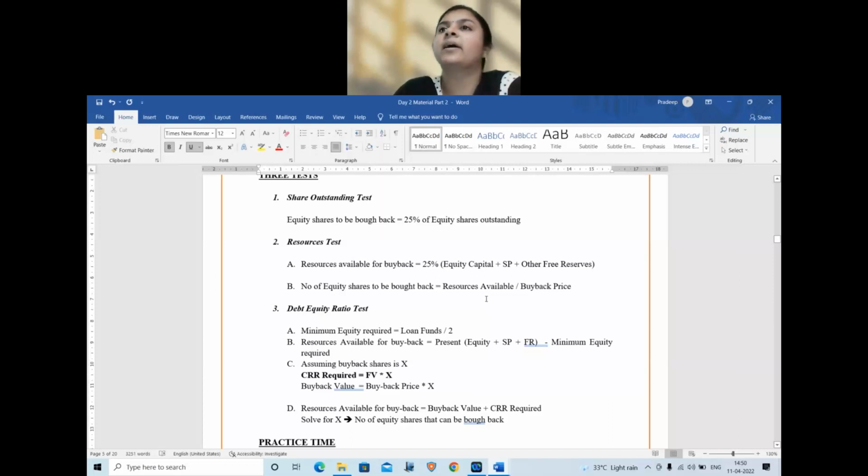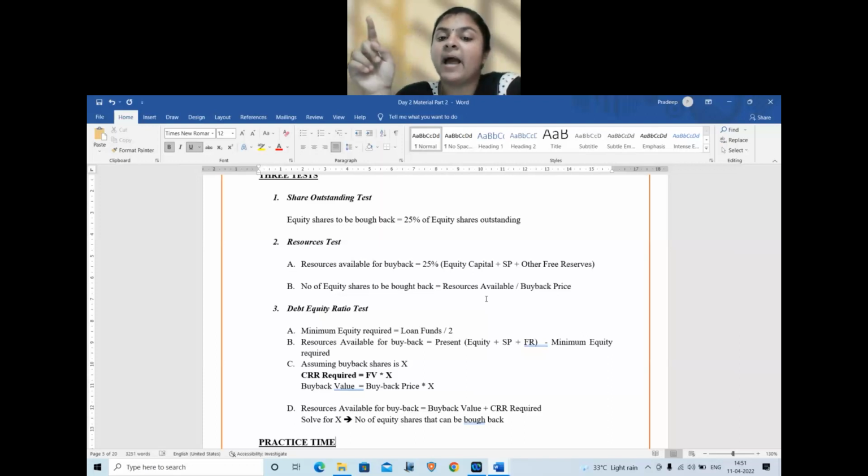Minimum equity required: I have split it into 4 formulae. Minimum equity required is equal to loan funds divided by 2. Total loan funds: please consider long-term loans, short-term loans need not be considered.